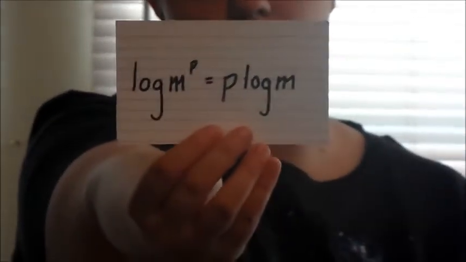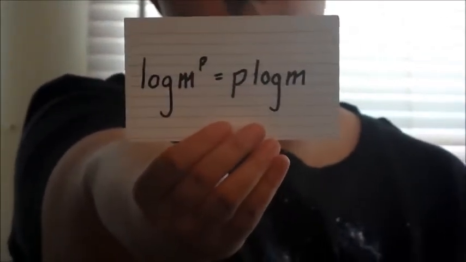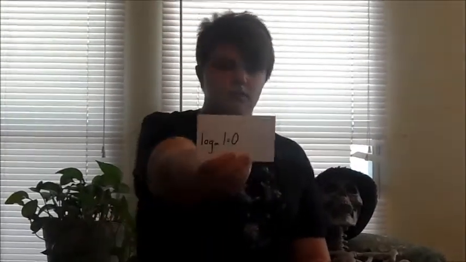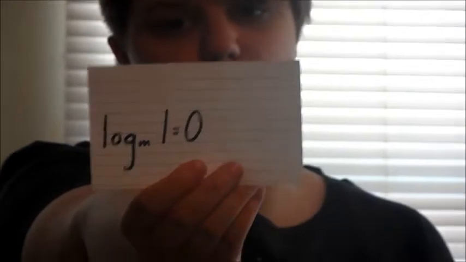Log of m to the p is equal to p times log m. And then log base m of 1 is equal to 0.